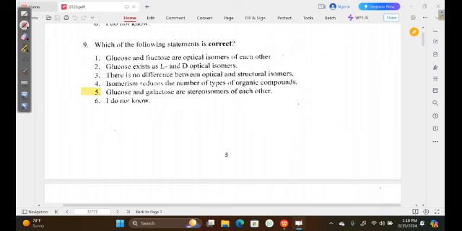What do we mean when we say they are structural isomers? These molecules have different functional groups. So definitely the arrangement would slightly be different.